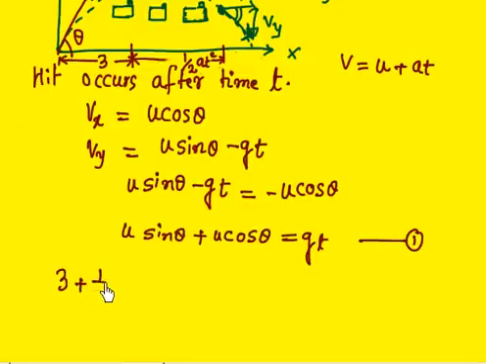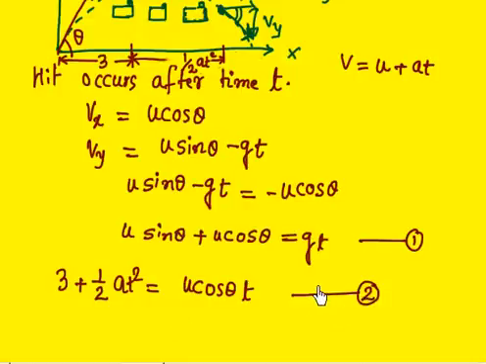This is equal to the distance traveled by the projectile, and for the projectile I can write x is equal to u cos theta into t. This is the x direction equation. Are you getting or not? So this is the easy equation. So this is equation number 2.